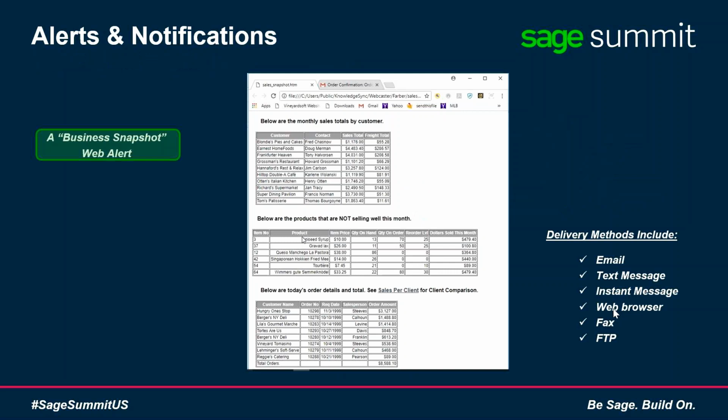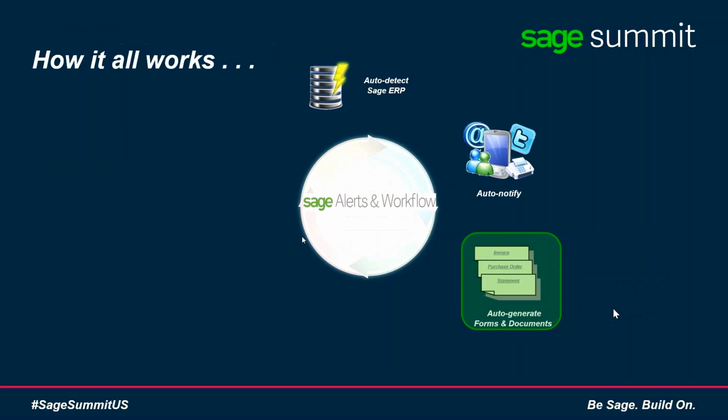You know, if I'm someone in finance, I could get 15, 18, 20 emails a day telling me about past due clients, or I might just have a window up on my desktop machine, shows me a web page that says, here's a list of all of the clients or invoices that are past due. That window being automatically updated by Alerts and Workflow as those conditions change.